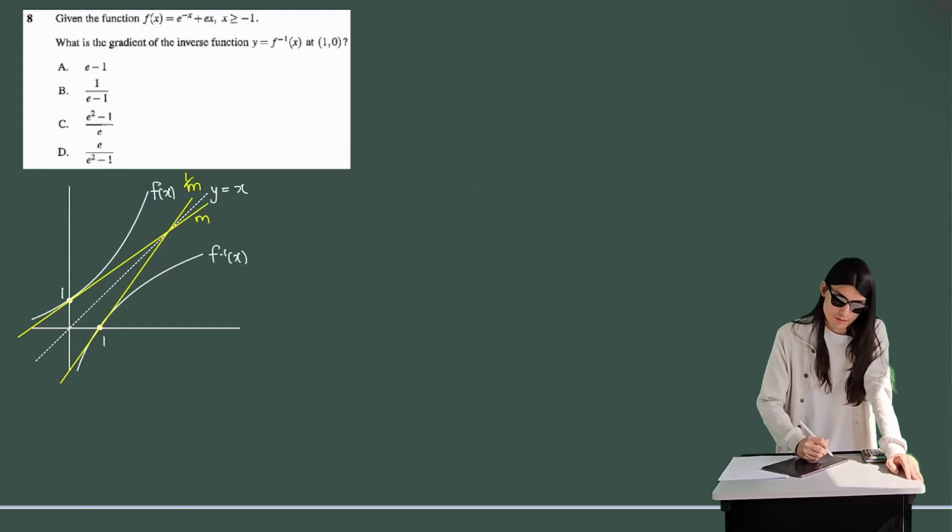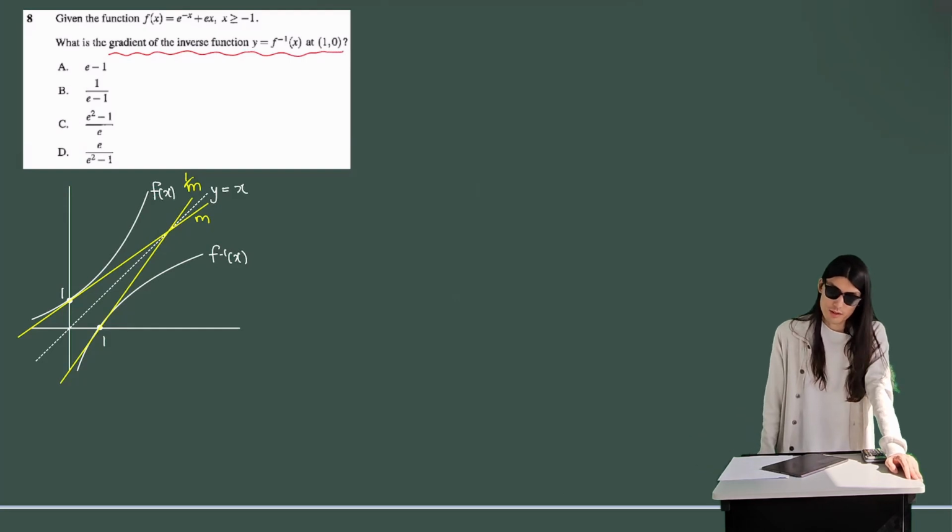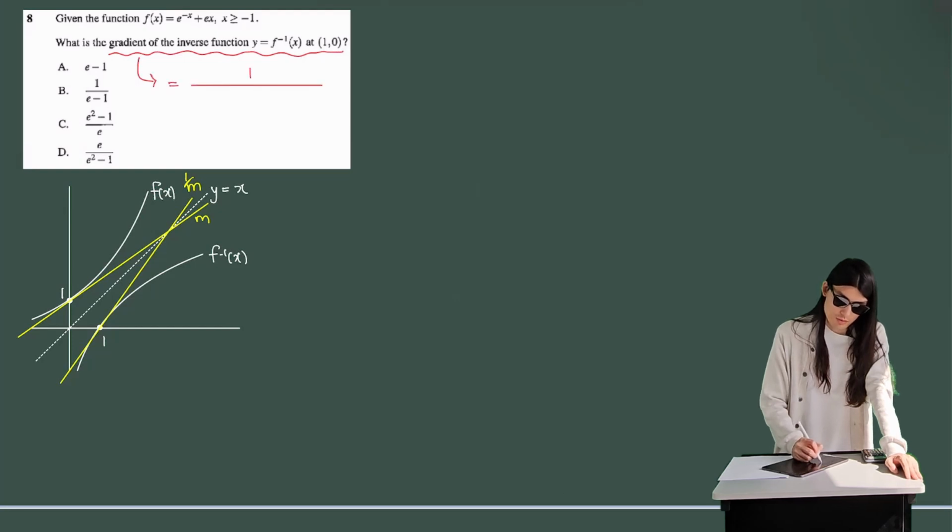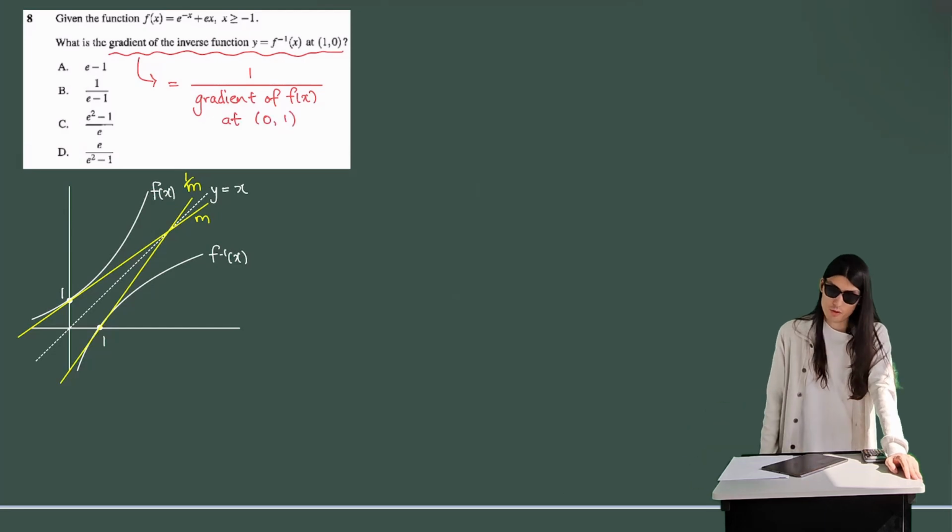So based on that property, the gradient of the inverse function at 1, 0 should equal the reciprocal, 1 over the gradient of f of x at the corresponding point, which is 0, 1, shouldn't it?